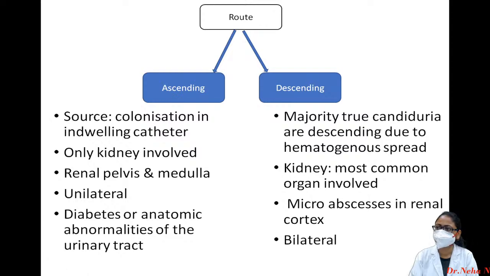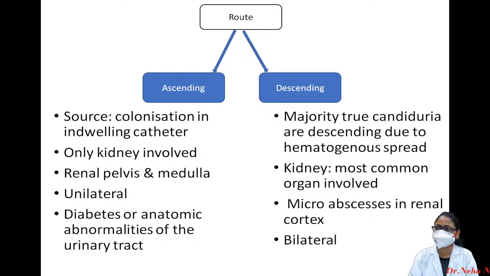The exact reason is not known why the kidney gets involved, but usually the rate is very, very high. And the next organ to be involved is the heart, where in 40 to 60% of cases, if you do an autopsy in disseminated candidiasis, there is some involvement of the heart. So renal involvement and heart involvement is important.